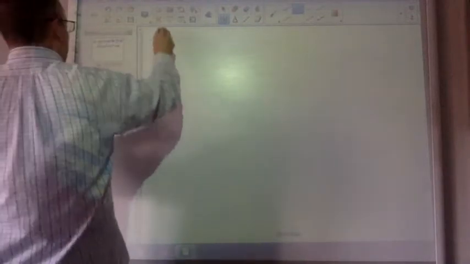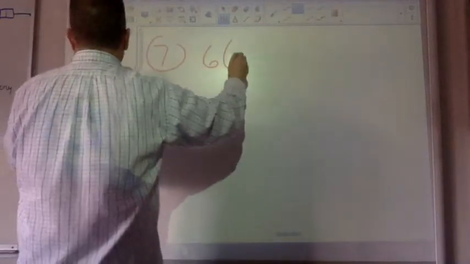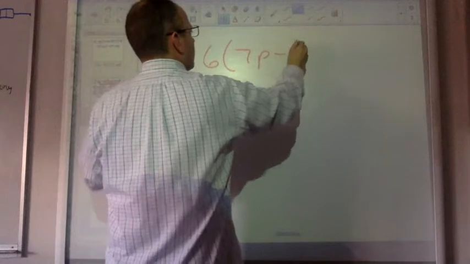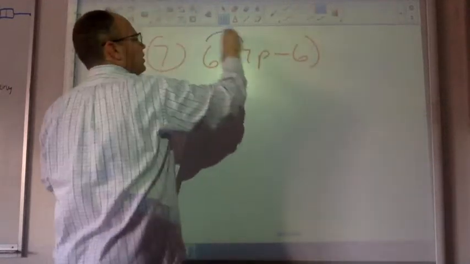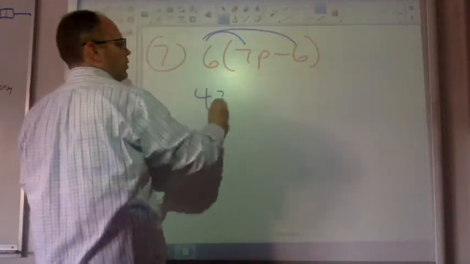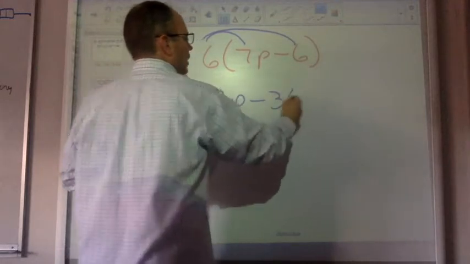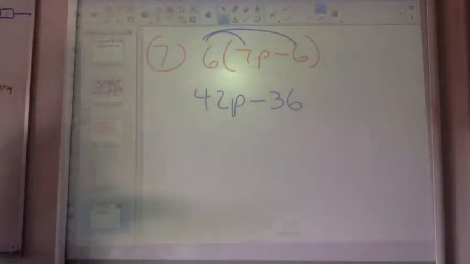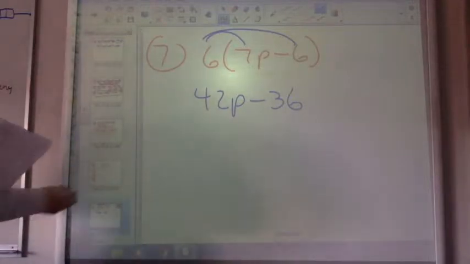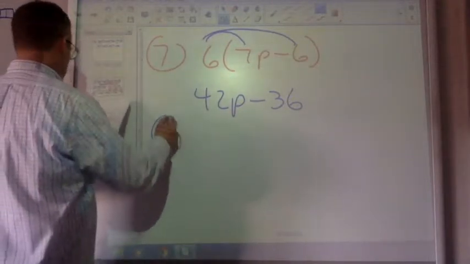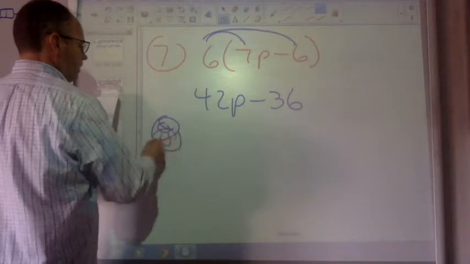So number 7 is a single distribution, agree? Where I'm going to put 6 here and 6 here, so I get 42p minus 36. That's pretty straightforward, I think. Number 8, number 9.